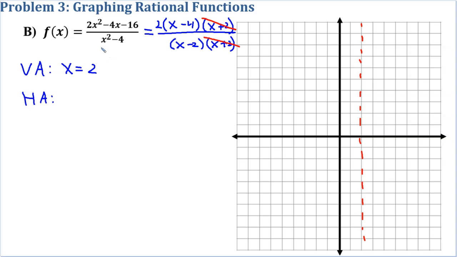This is our case where the numerator and denominator have the same degree, both squared. So as far as our tug of war goes, it's going to balance out. If we think of this as a 1x squared on the bottom, our horizontal asymptote is just going to be y equals 2 over 1, in other words, just 2.